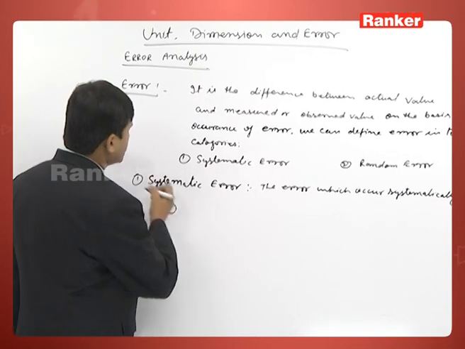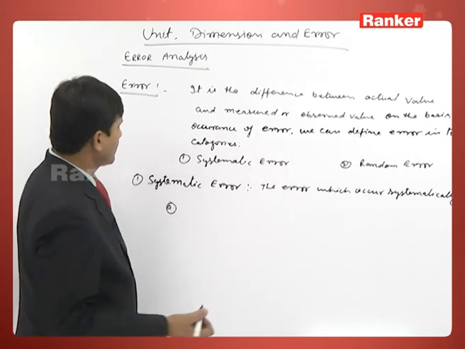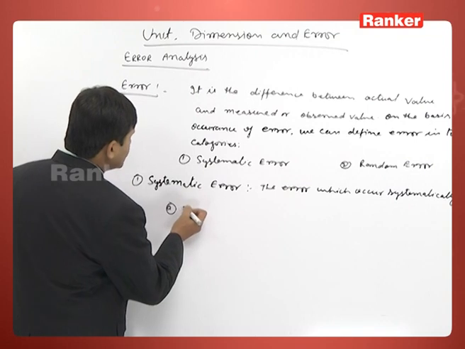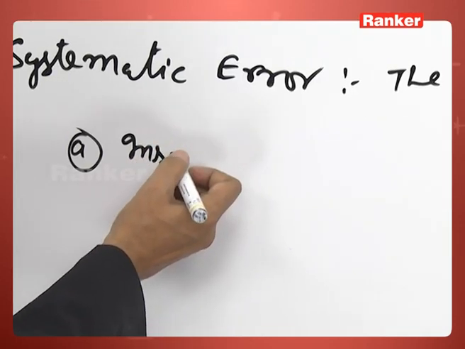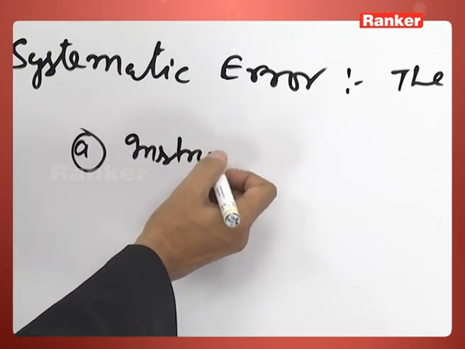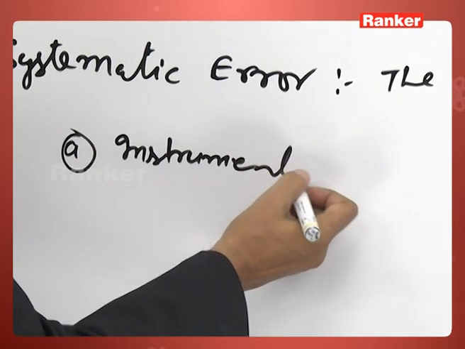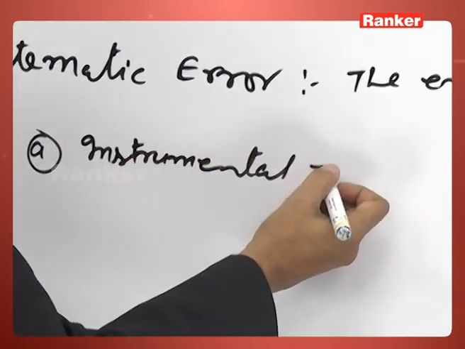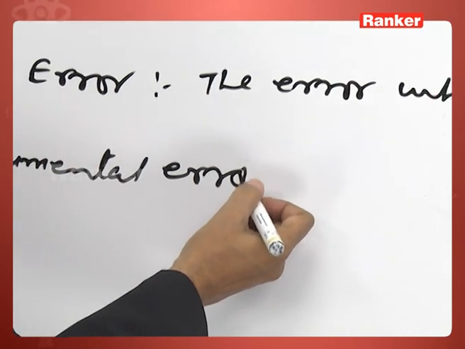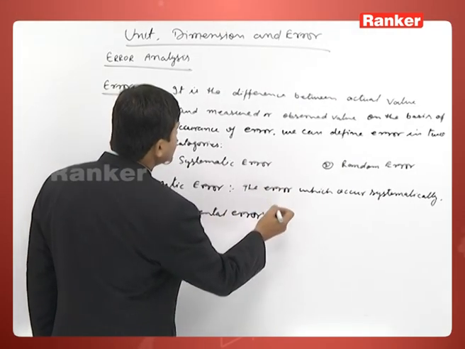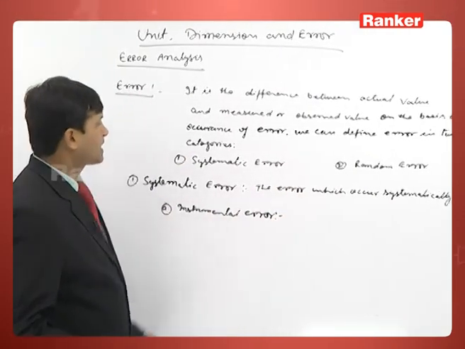What are the reasons for that? First, this could be due to the instrument. So, we can say instrumental error. The instrumental error is part of systematic error.